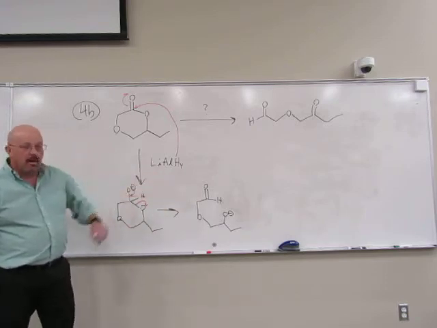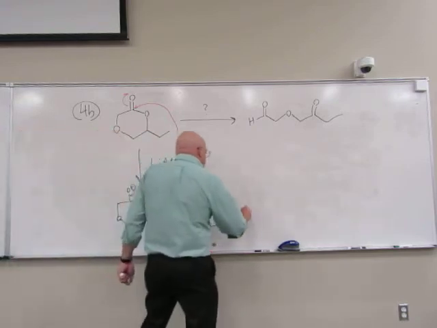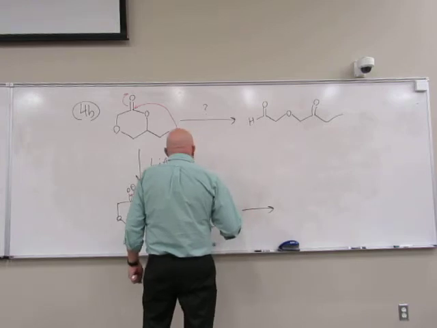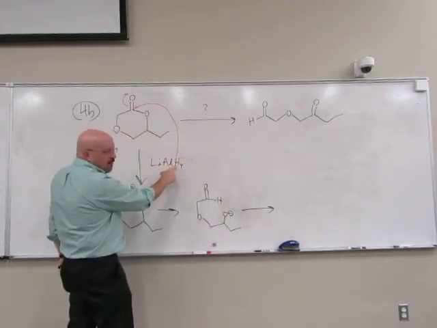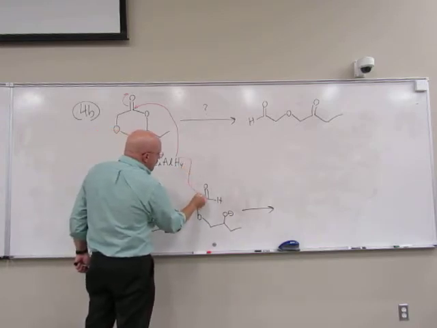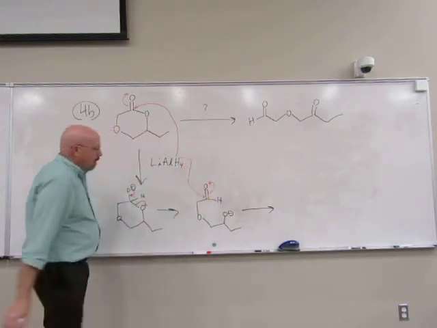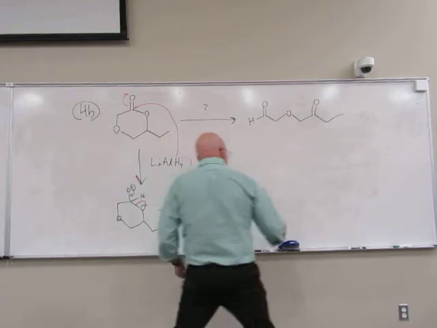But we've made an aldehyde. Lithium aluminum hydride will also reduce that. So let's go again. You remember, lithium aluminum hydride can transfer all 4 hydrides, up to 4. So this is going to go again.